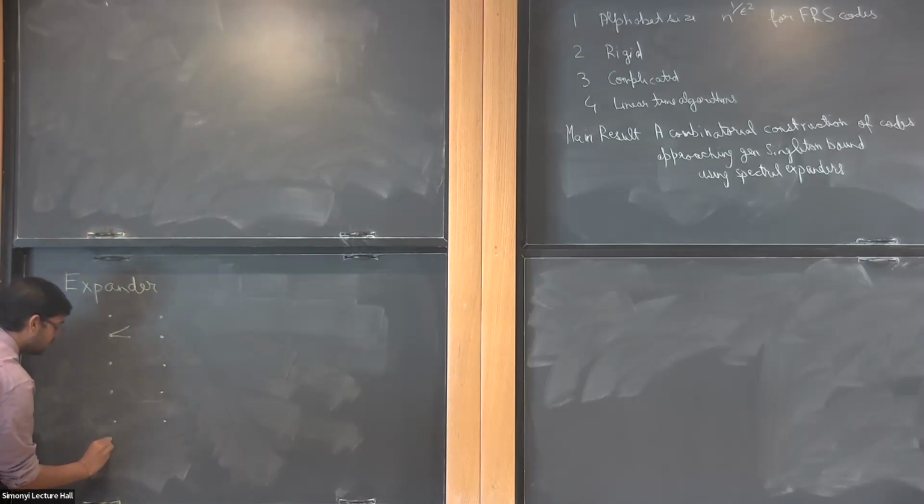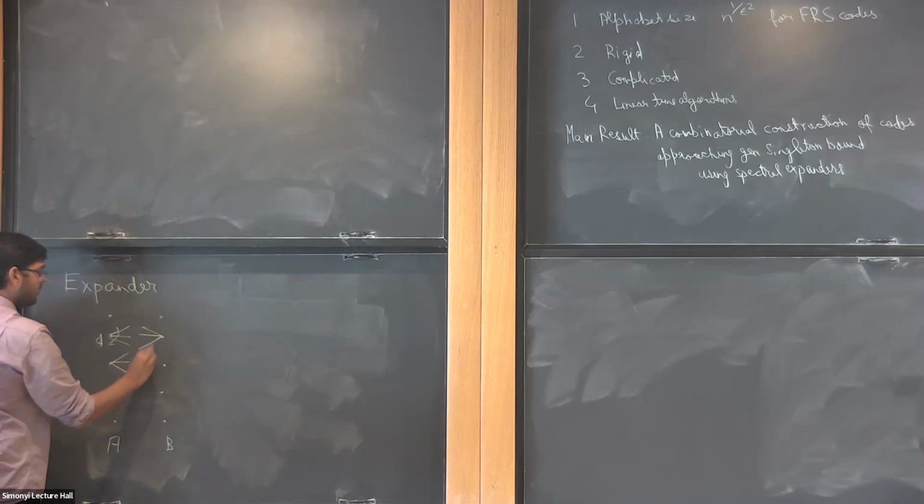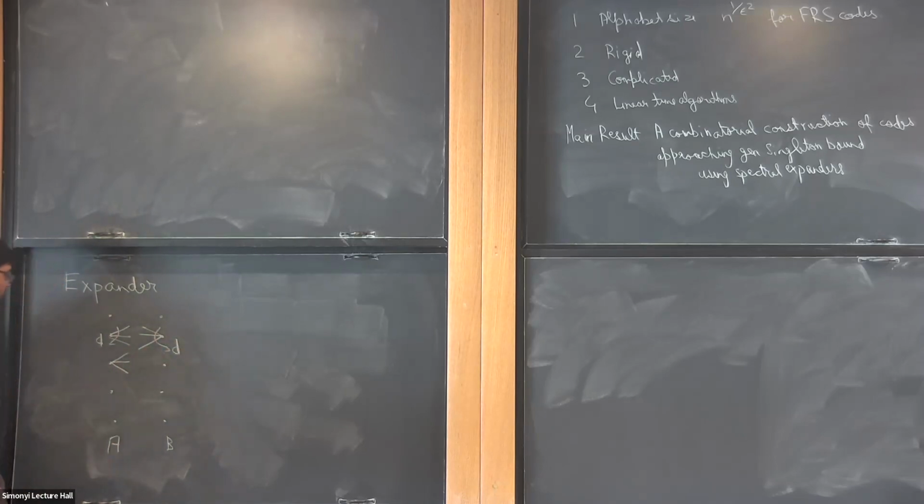Let's say the two vertex partitions are A and B. The degree for each vertex is D. And we say this is a lambda expander.